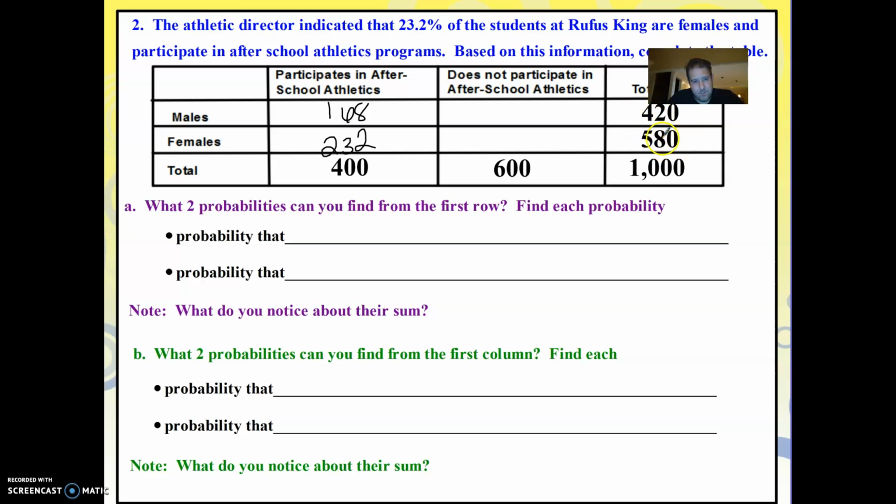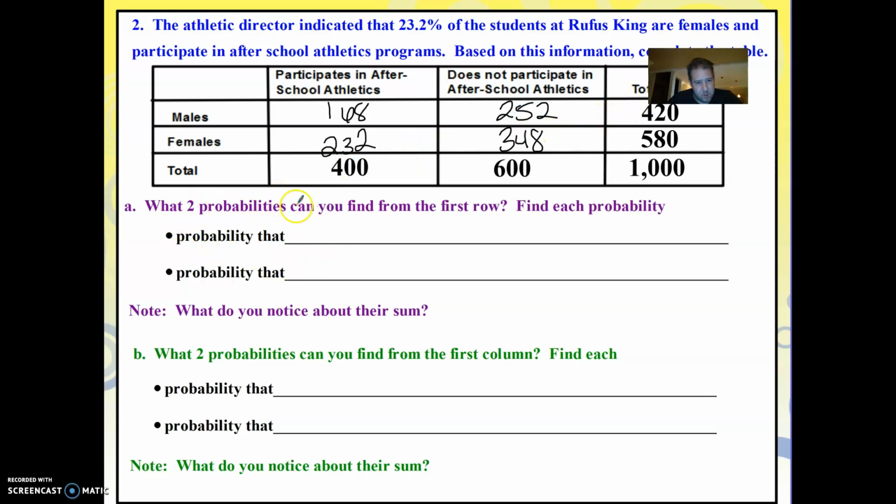Let's see, 580 minus 232. I didn't have my calculator up. 580 minus 232 gives me 348. Then 420 minus 168 is 252. All right, now I got all my data.